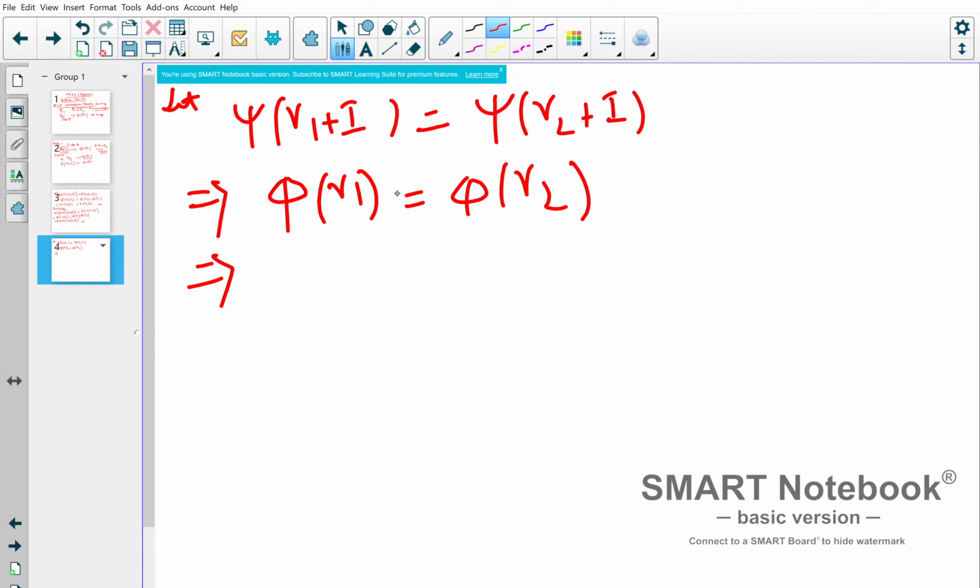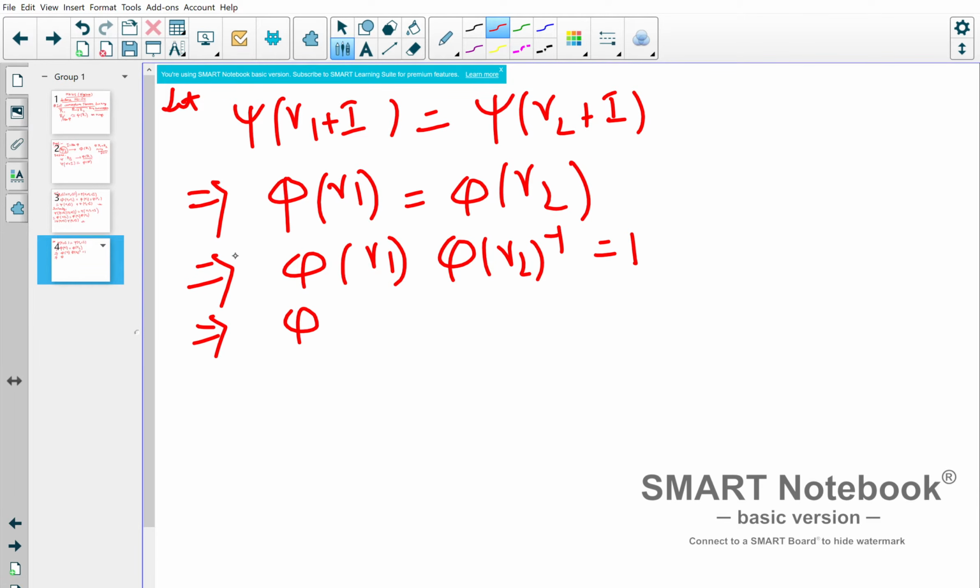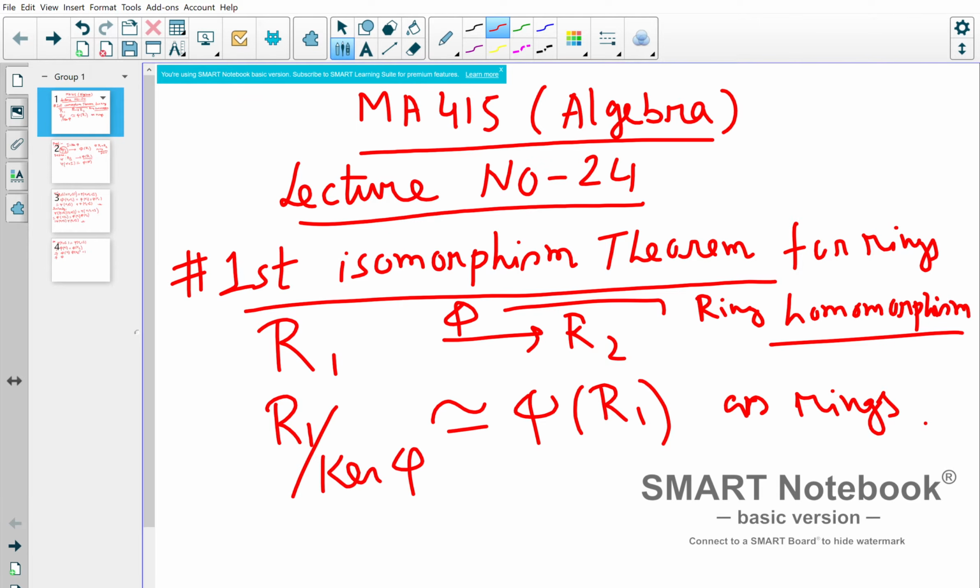Now what does that mean? That means, see, this is a ring homomorphism, right? So this is phi of R1 and phi of R2 inverse. This is equal to identity, right? And I am assuming throughout the lectures that R is a unital ring, so ring with identity.